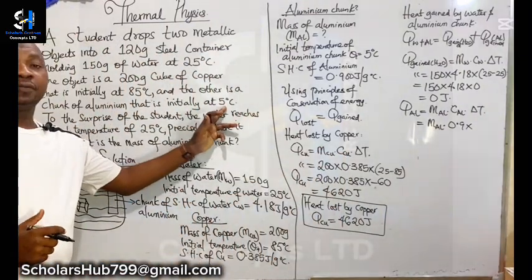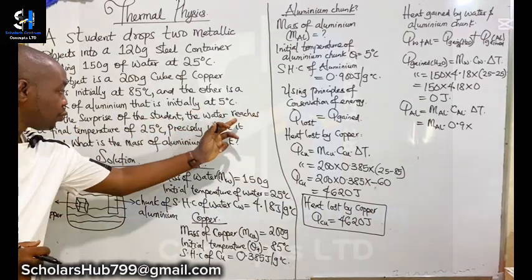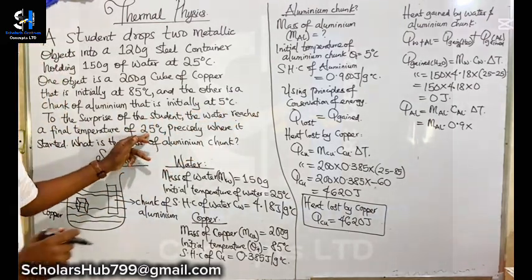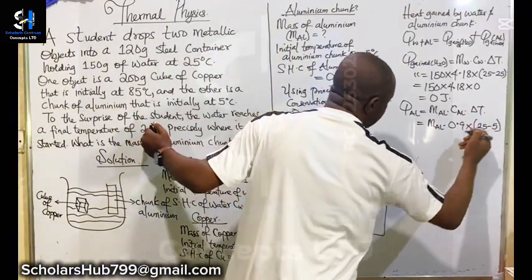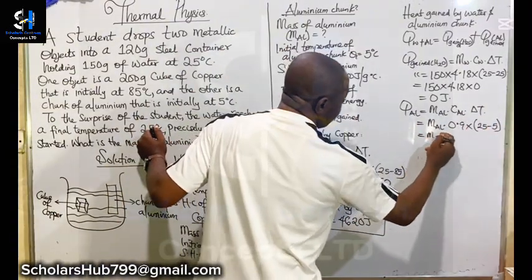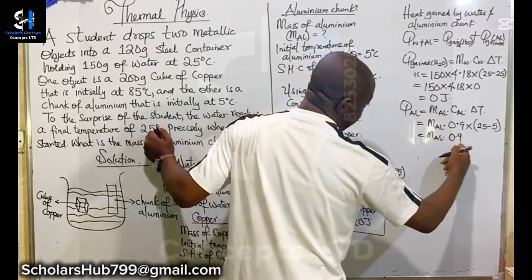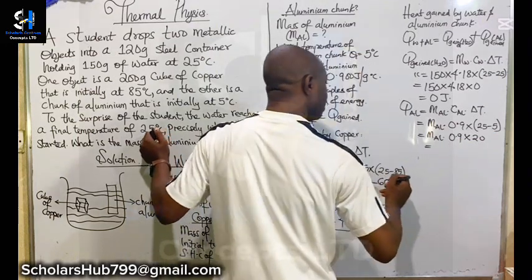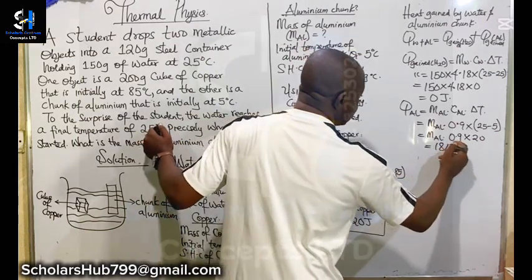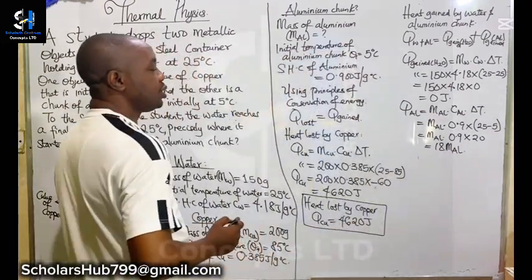The initial temperature is 5 degrees Celsius and the final temperature is 25, so we have the mass of aluminium multiplied by 0.9, multiplied by 20. This would be 18 multiplied by the mass of aluminium.